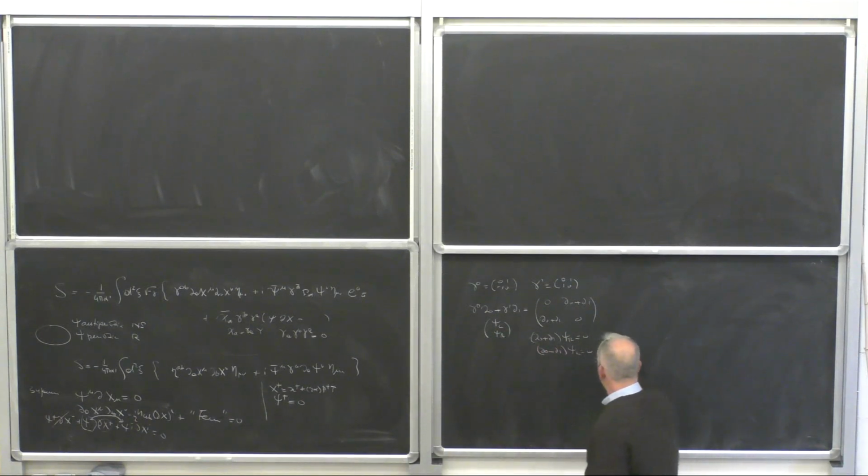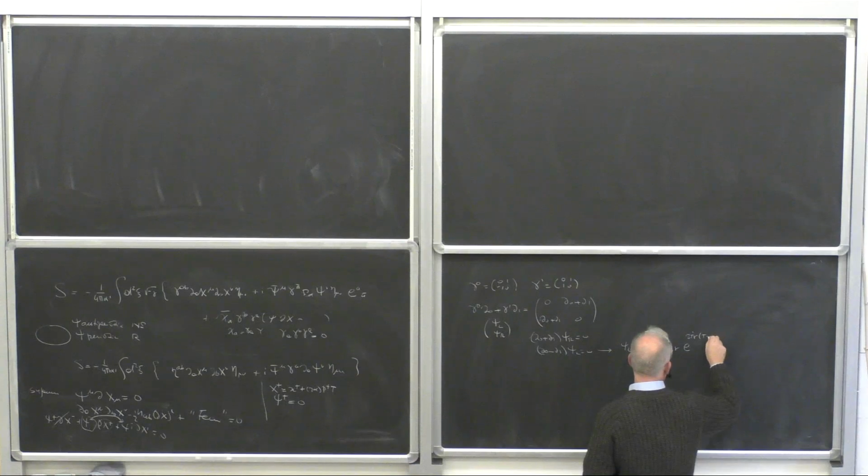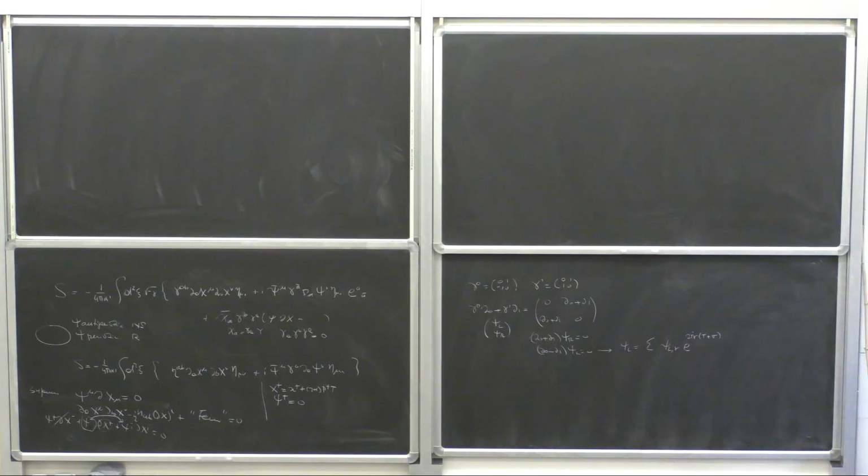So this means that psi L is expressed as a sum of modes, say, let me call it psi L R, and then you have e to the 2i. This is left moving, so it's a function of tau plus sigma.